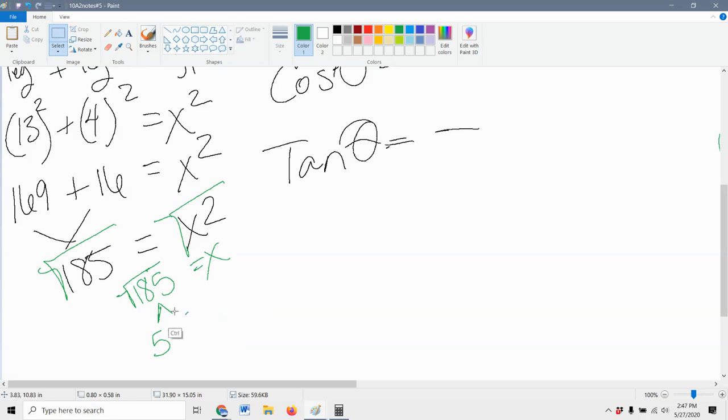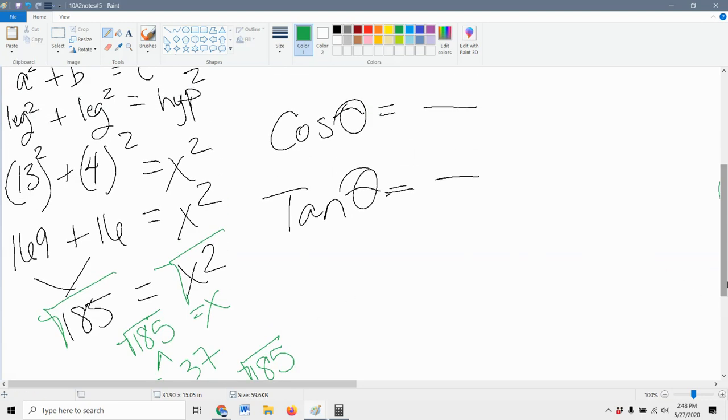So when we divide 185 by 5, it gives us 37. That's the other factor. Now, 5 is prime, and 37 is prime as well, isn't it? Because 37 is prime, we can't simplify this, all right?